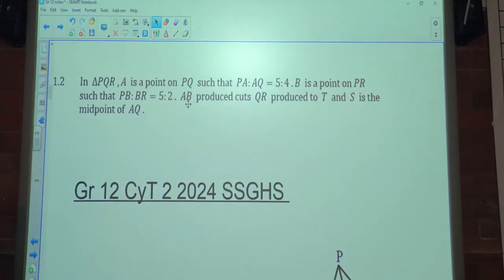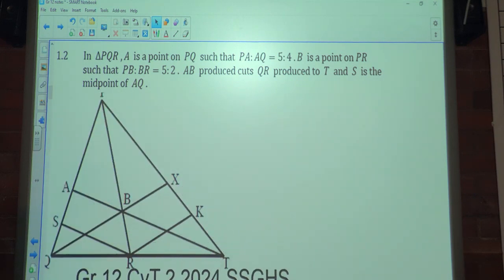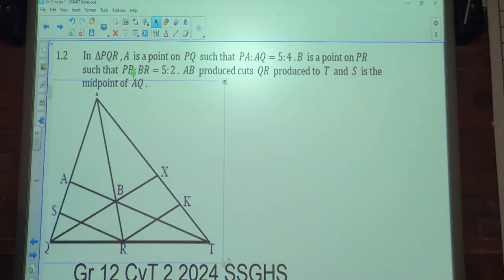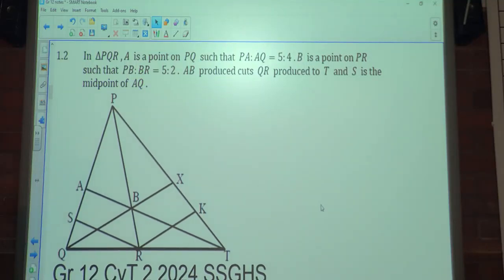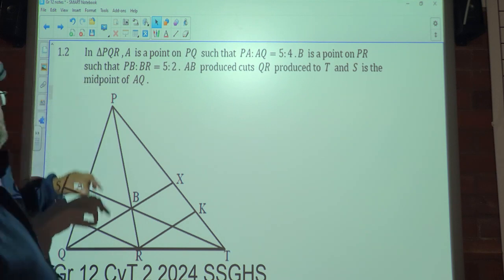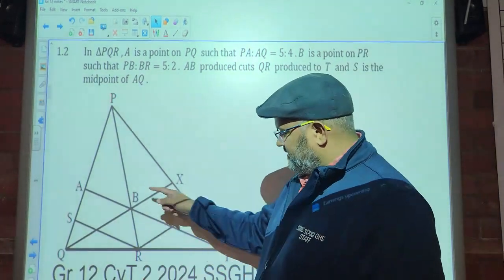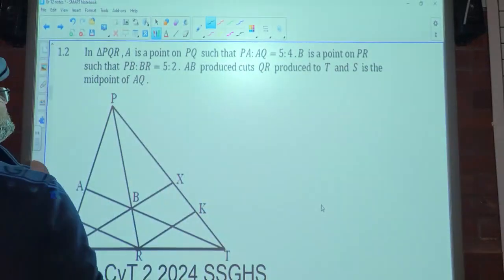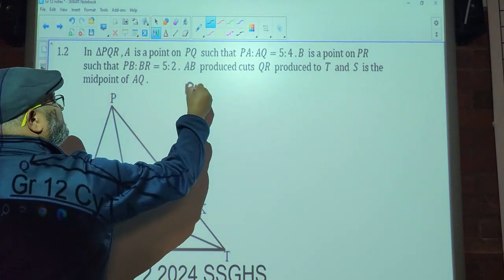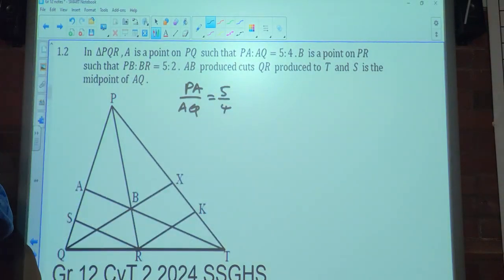Question 2. In question 2 we are told that in triangle PQR, we know that A is the point on PQ such that PA is to AQ as 5 is to 4, or PA over AQ is 5 over 4.